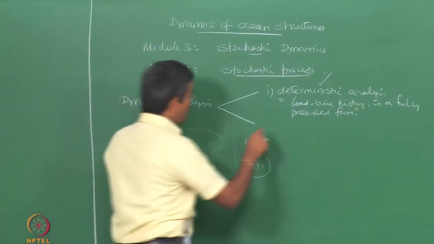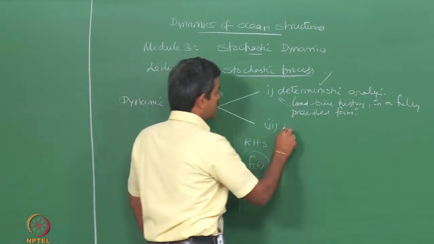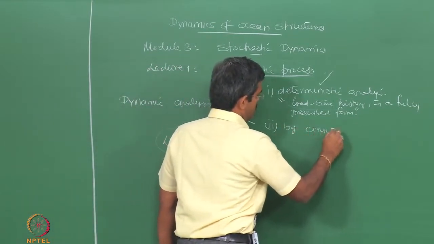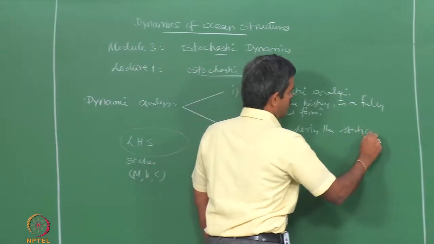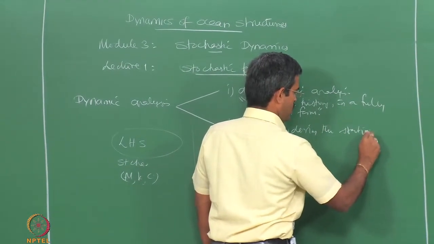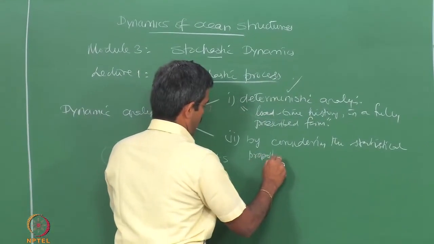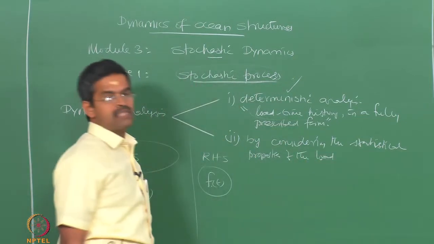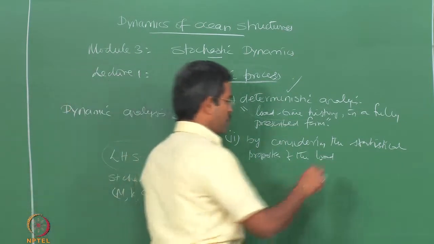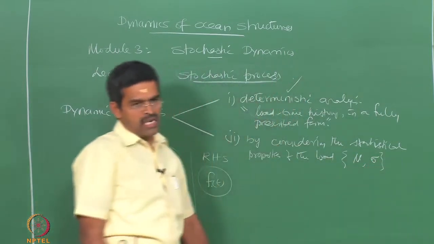The second method by which you can perform dynamic analysis is by considering the statistical properties of the load. Statistical properties generally mean first order, for example, let us say mu, that is mean, and standard deviation.